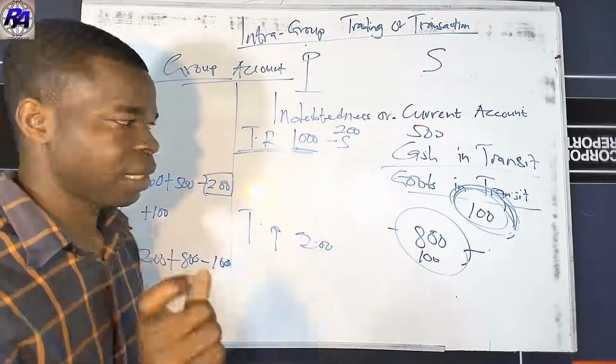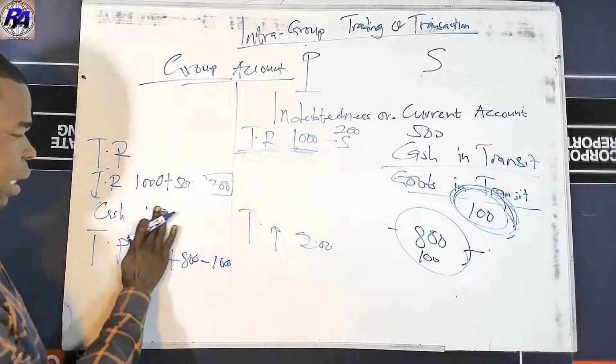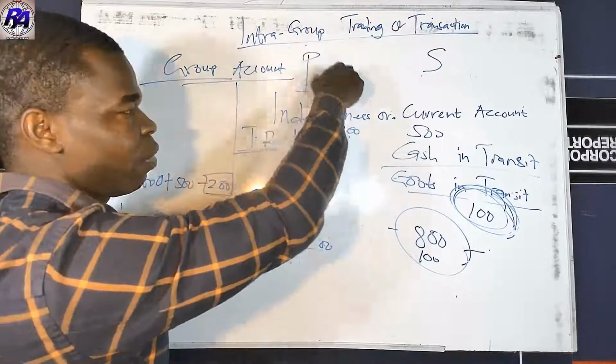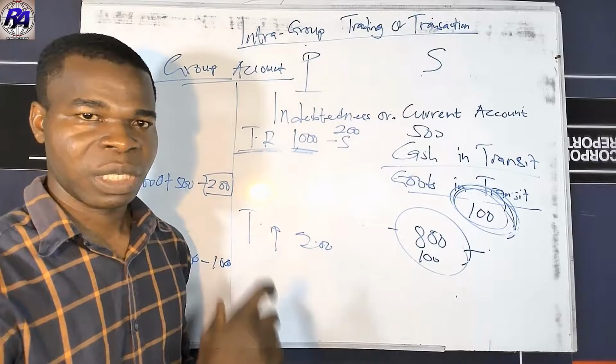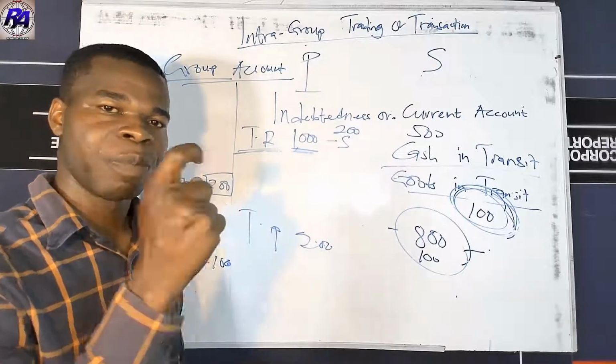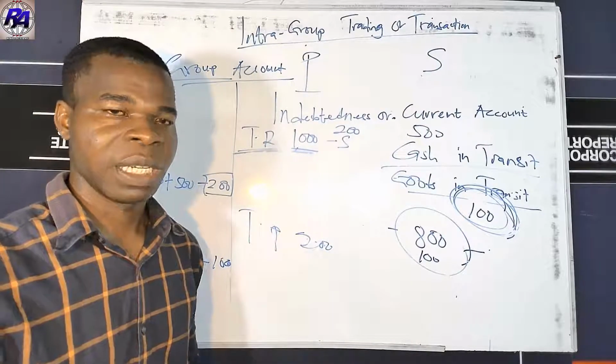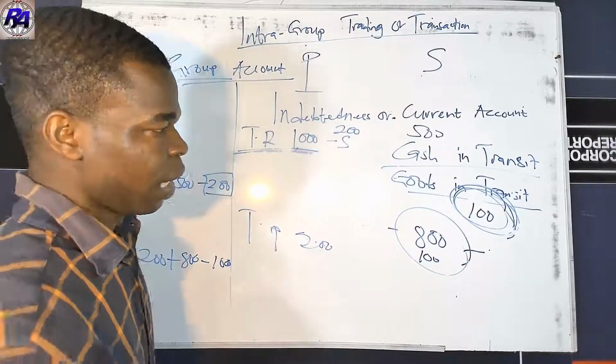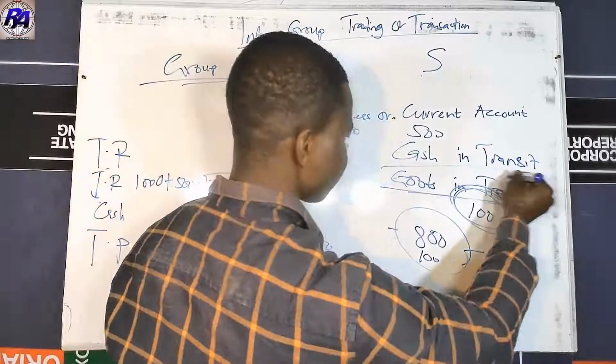If this is the case, then remember that there will be nothing here as cash received, because this will be treated separately in the parent financial statement, not in the group account. So depending on the requirement of the question and how you should treat this cash in transit or goods in transit.